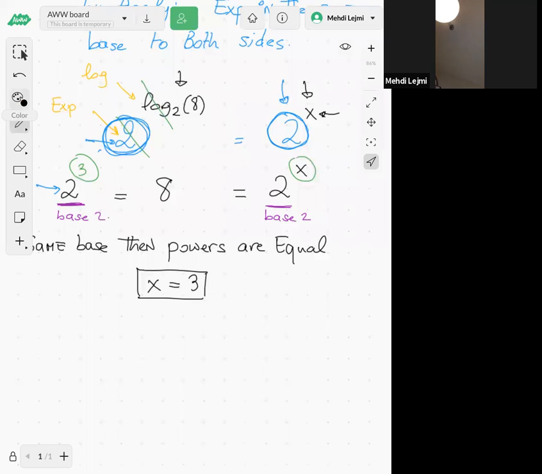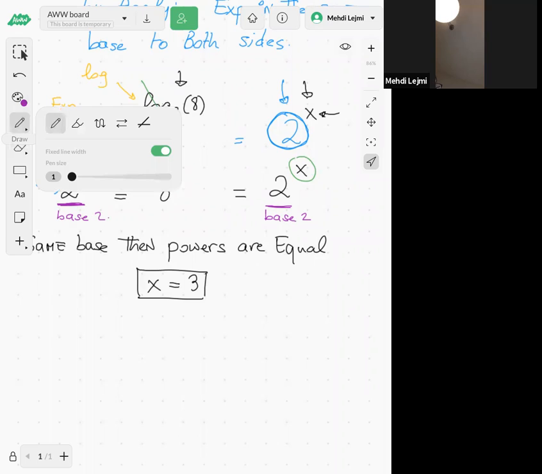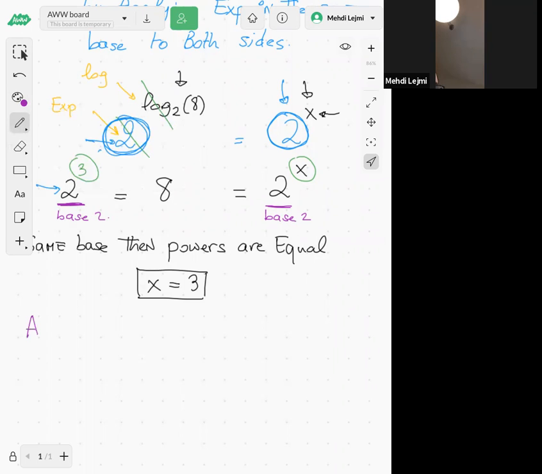So another way to solve it is to use the properties we had.